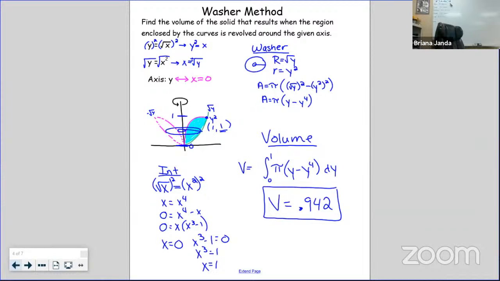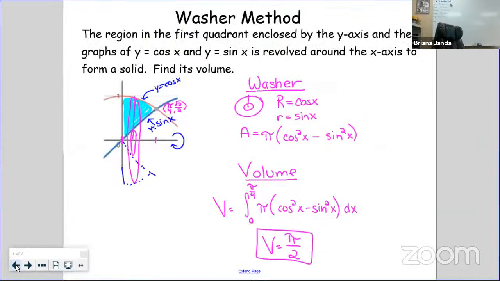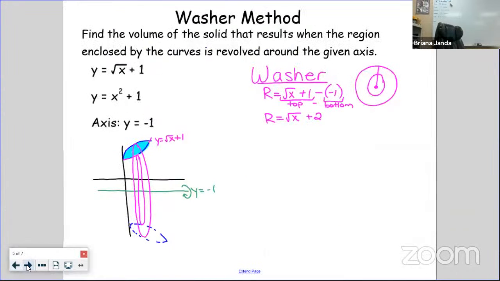Does that make sense? So equivalent to, and the x-axis is equivalent to the line y equals 0. So all y equals lines are horizontal, and we have a very similar approach to it.